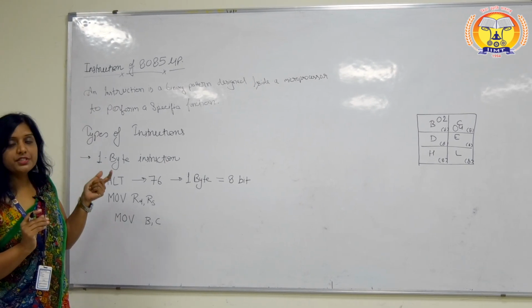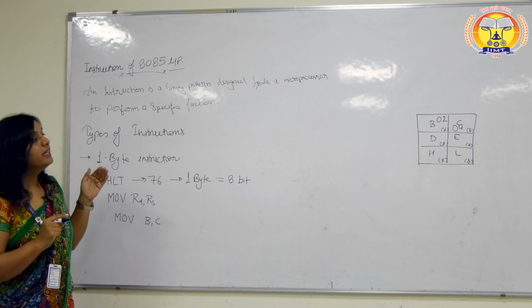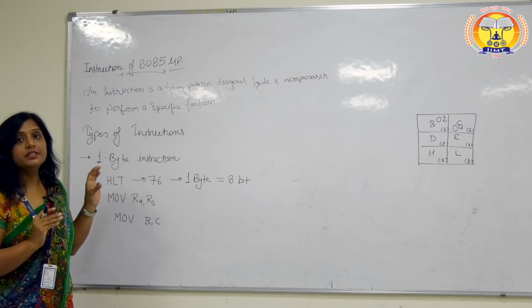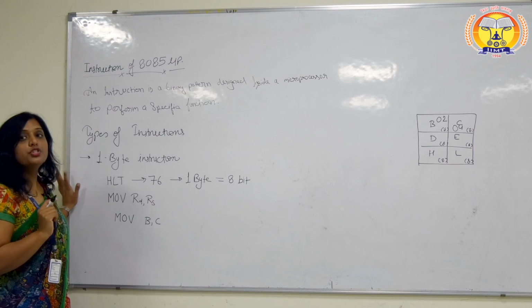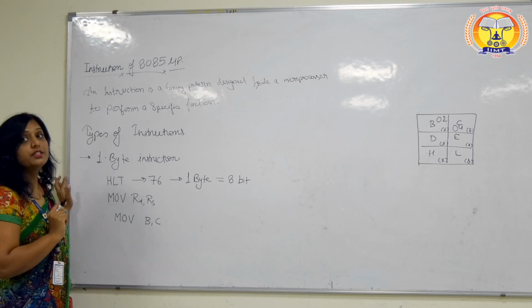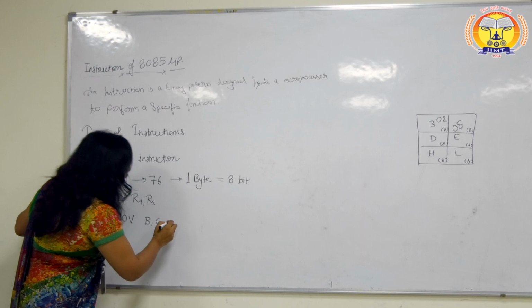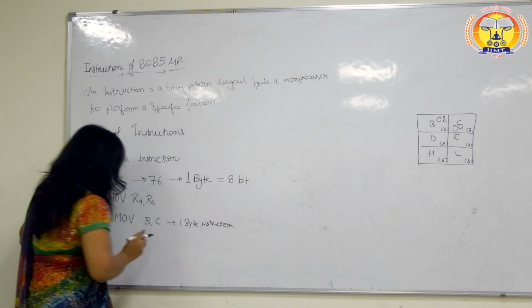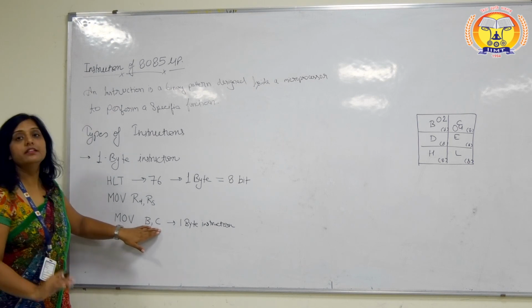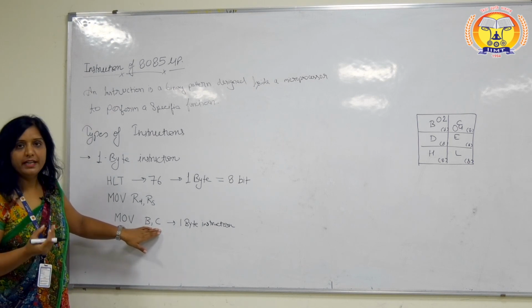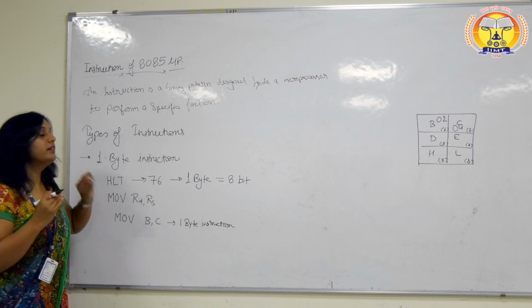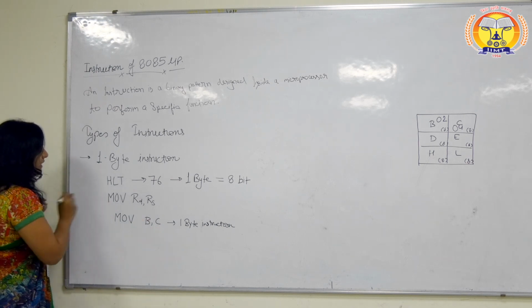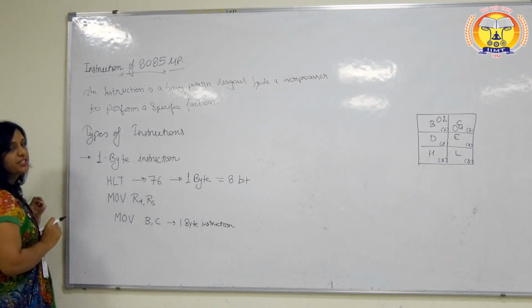The contents of register B will be 04 and the contents of register C will be 04, means no change in the contents of register C. This is also a 1 byte instruction because this instruction doesn't have any 8-bit data or any 16-bit address. Now these are two examples of 1 byte instructions.